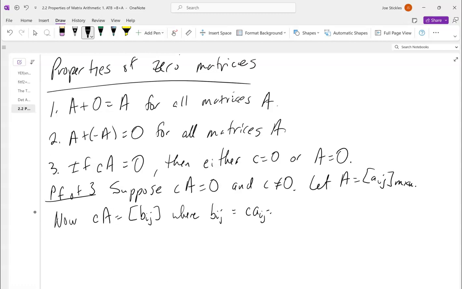You agree? But what are we assuming about c times A? What are we supposed to get? When we do c times A, what are we assuming is true? It's the 0 matrix, right? So what does that c times a sub ij have to be? 0, right?